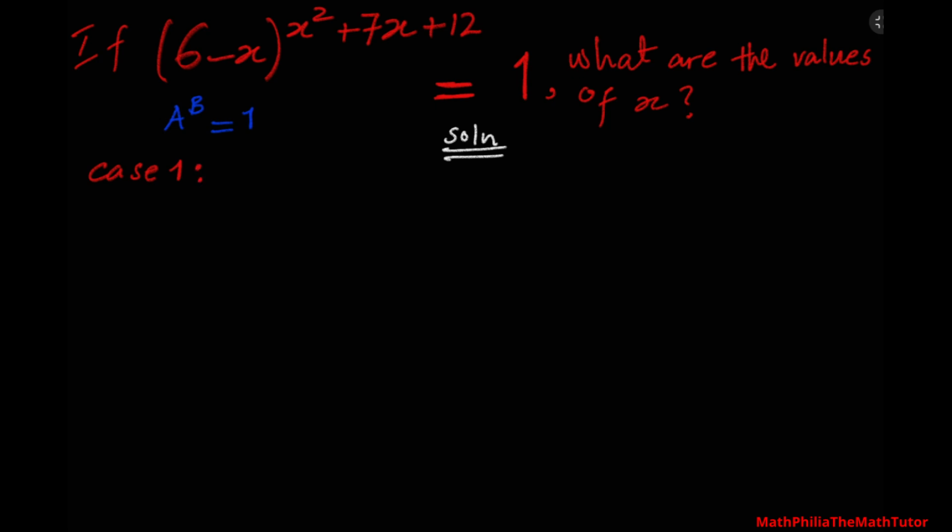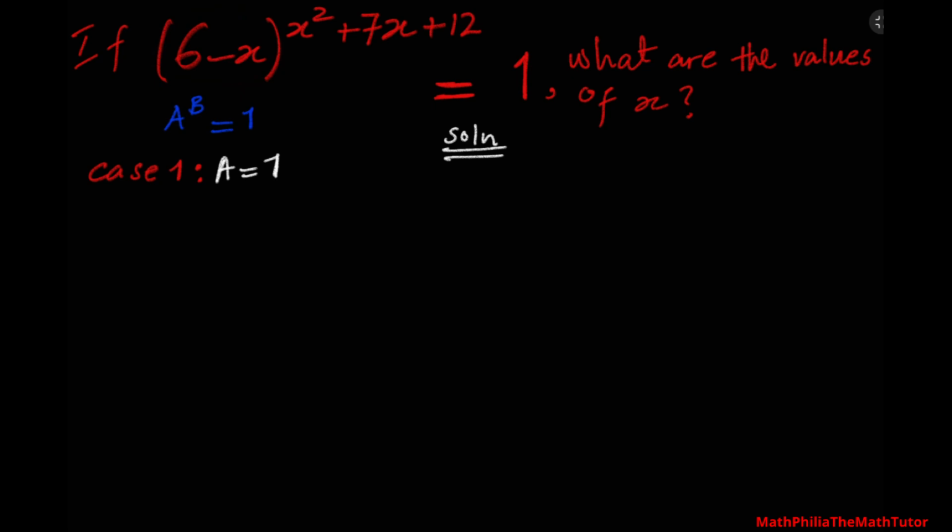The first case is where we assume that this term over here, 6 minus x, is equal to 1. We assume that a is equal to 1. And the a is just this term here, 6 minus x. Then why do we say this?